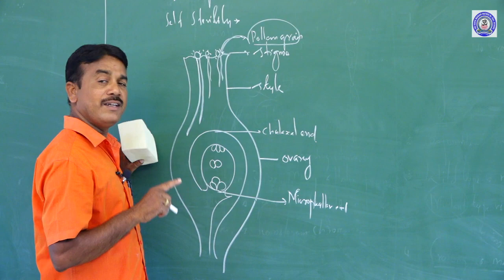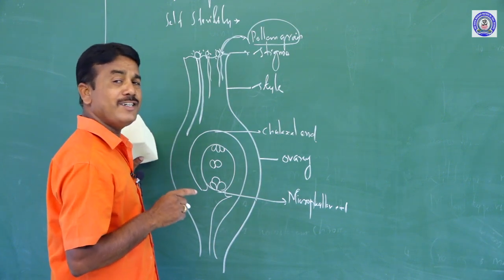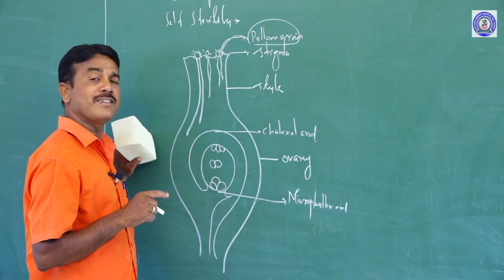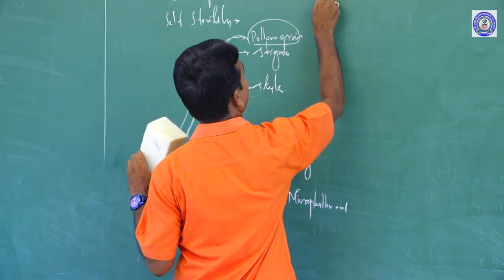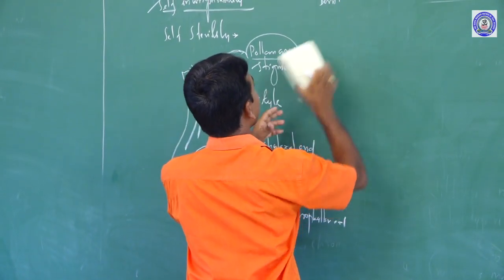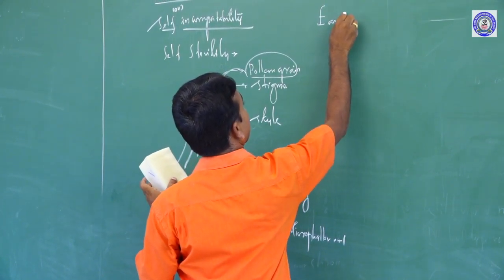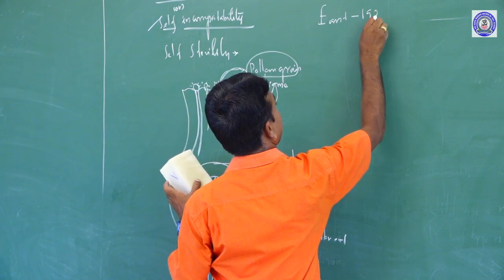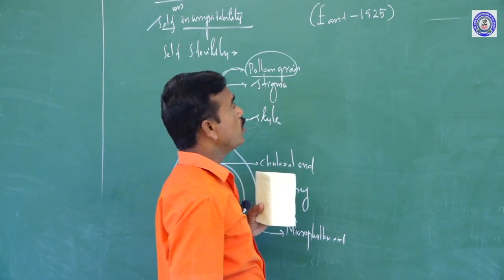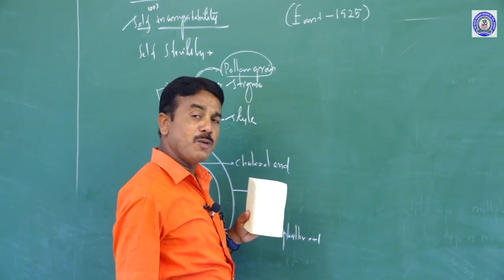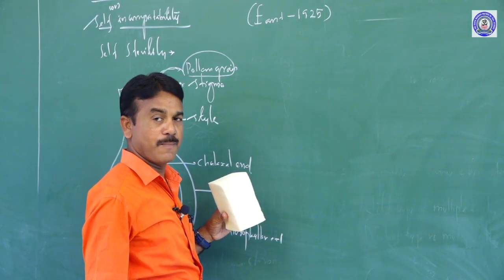Self-sterility was first observed in Nicotiana. The scientist who observed the multiple alleles in Nicotiana is commonly called East. In the year 1925, he was the first person to identify that multiple alleles cause self-sterility in Nicotiana.